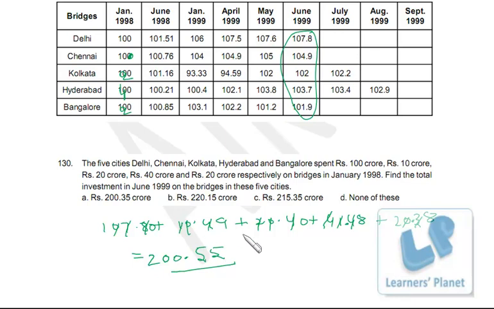So it's around 200.55, maybe a minute difference. Okay, so we can take this as 200.35 because I'm getting 200.55, but the calculation may differ slightly, though I'm sure I have not made any mistake. So approximately it is 200.55 or 200.35. So the closest one is this. Okay, so this is how we can calculate this question.